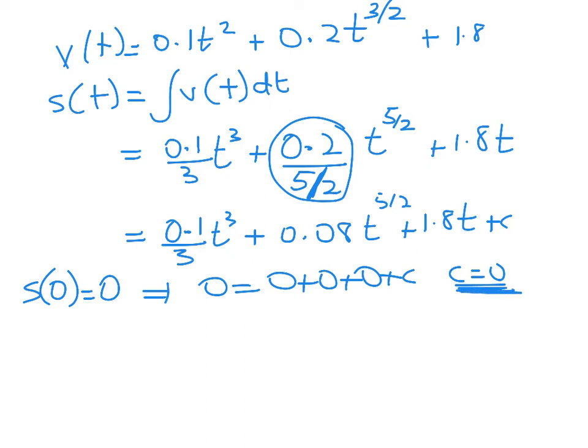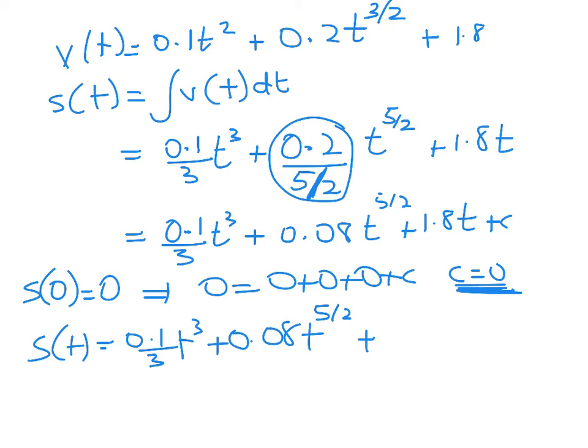Now the last thing we've got to do is to say that S of t is equal to this. And then I've just got to substitute in 9. So S of 9 is equal to, what do we get here?